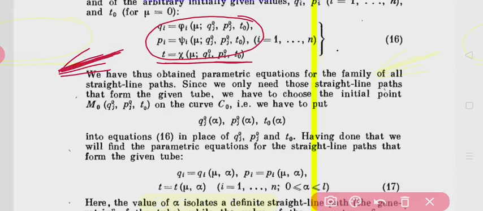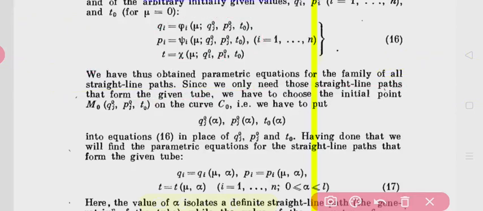So we need only those straight line paths that form the given tube. We have to choose the initial point on the curve C naught. Suppose this is M naught. So M naught is a function of qj naught, pj naught and t naught.